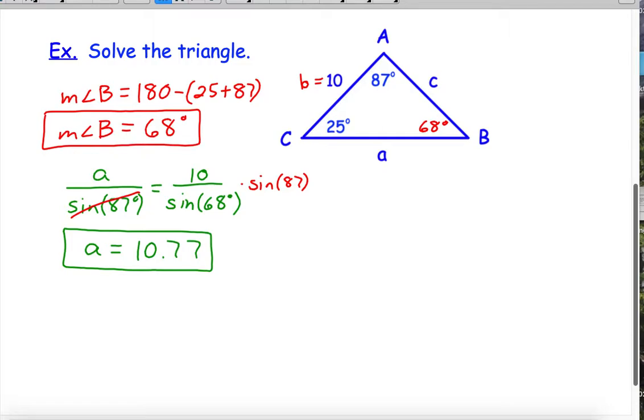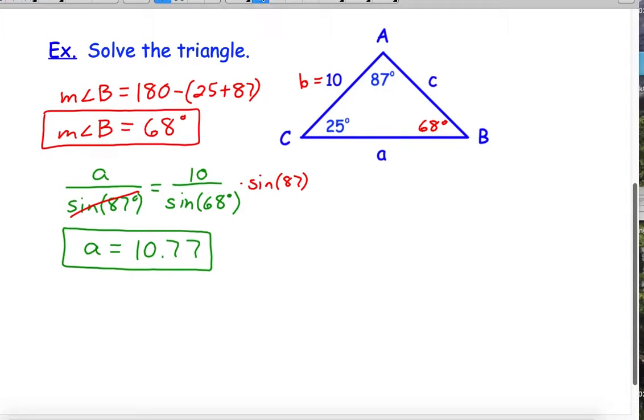So we found A, we have all the angles, we have 2 of the sides, we need one last side, and that would be side C. So C over the sine of angle C, which is 25 degrees, is equal to B, 10, over the sine of angle B, which was 68.